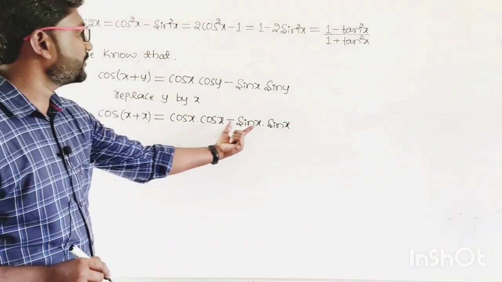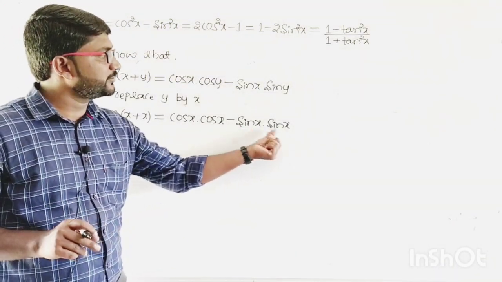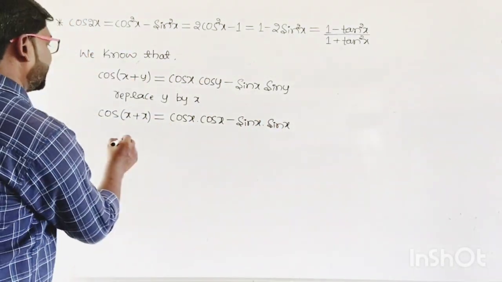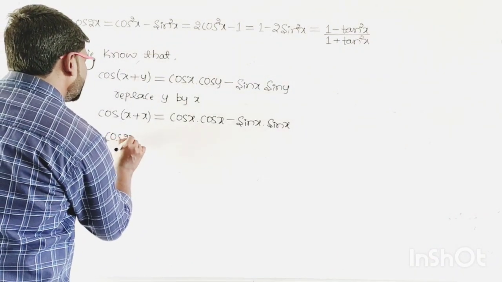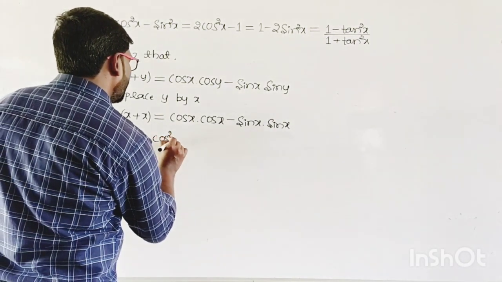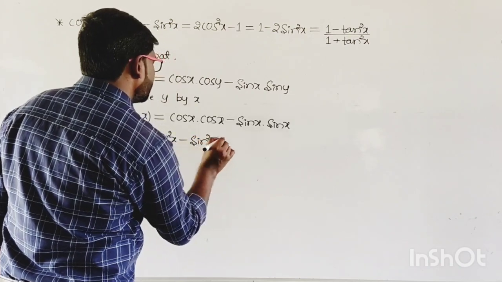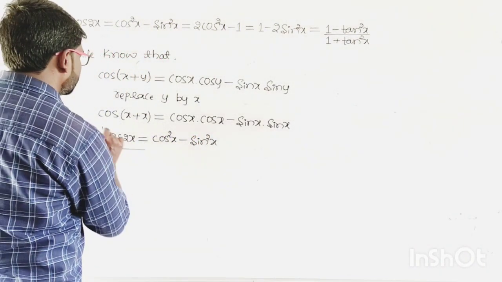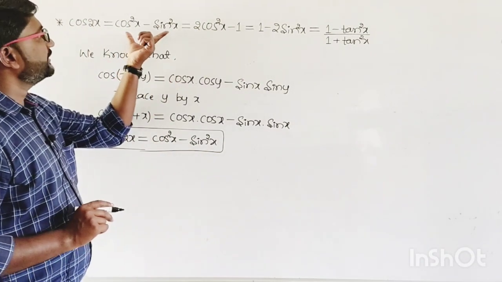Cos x into cos x gives cos square x, and sin x into sin x gives sin square x. Cos of x plus x will be 2x, which is equal to cos square x minus sin square x. So this is the first standard result. Here we have proved the first one.